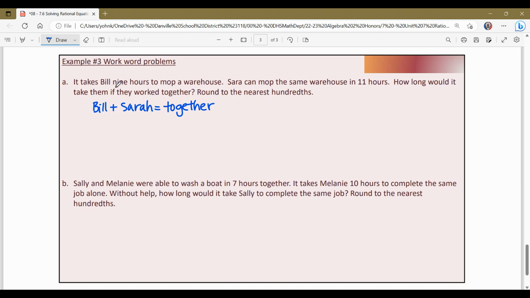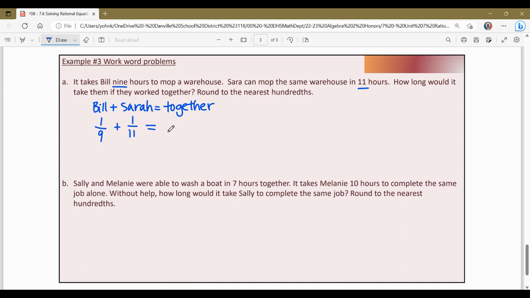So if it takes Bill 9 hours, then in 1 hour, he will have completed 1/9 of the work. So this is in 1 hour. Then Sarah, if it takes her 11 hours, then in 1 hour, she will have done 1/11 of the work.